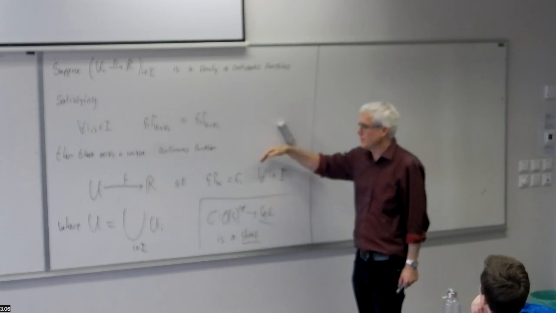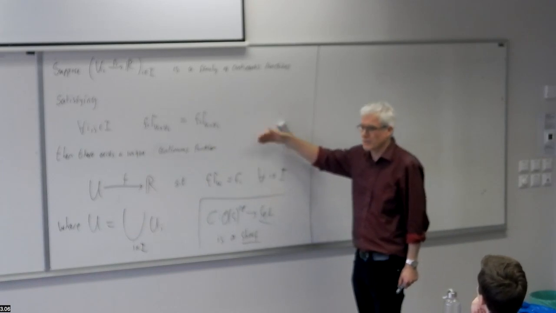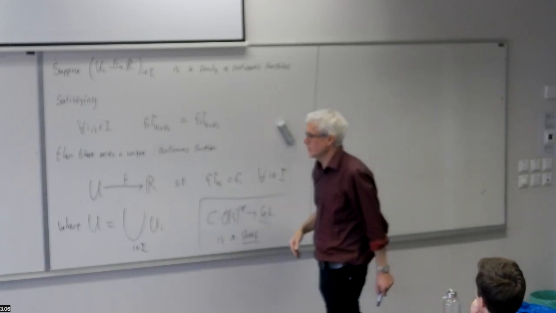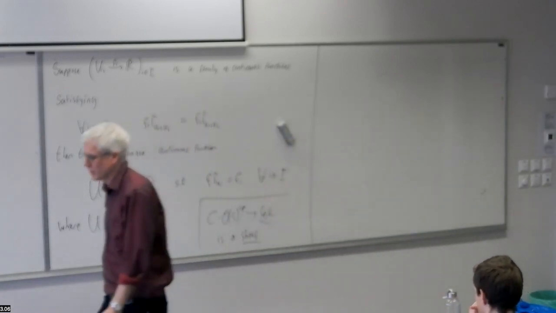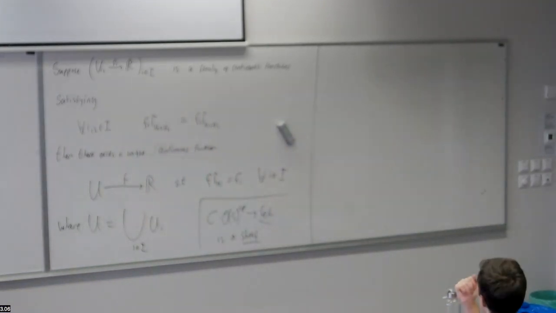It doesn't really use the fact that we're talking about a particular pre-sheaf, the pre-sheaf of continuous functions. So I now want to formulate the notion of sheaf at that level of generality. So maybe I'll go to the other board.